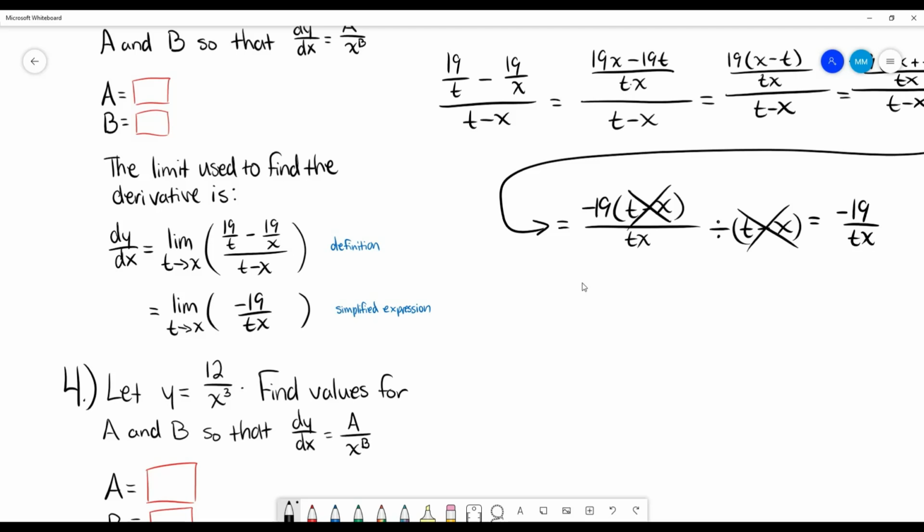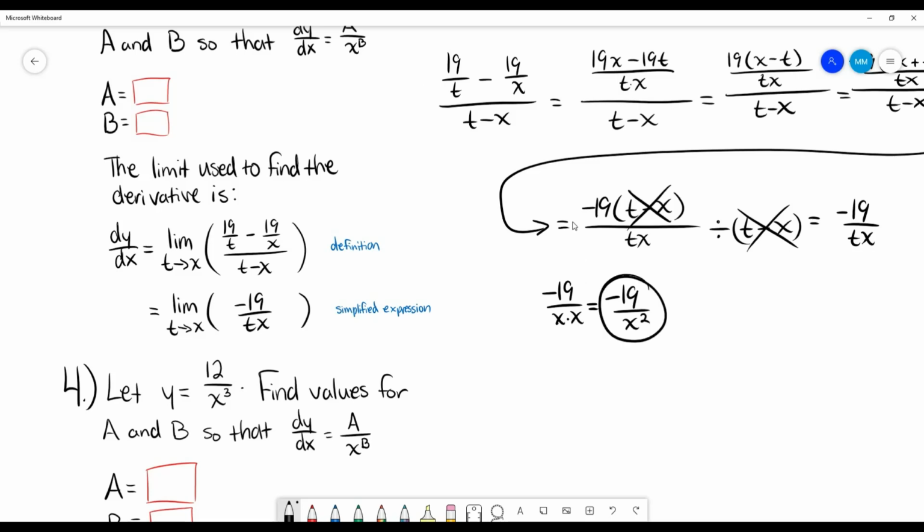That's going to get us, because t is approaching x, we just plug in x for our t. That gets us a negative 19 over x times x, or a negative 19 over x squared.